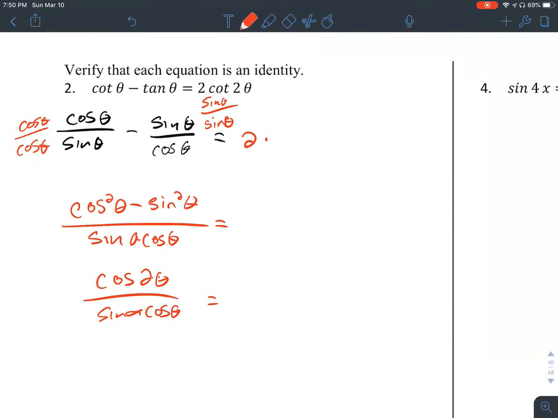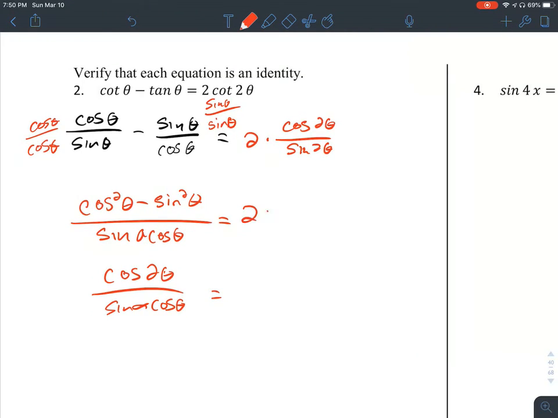The right is 2 times cotangent of 2 theta. Cotangent of 2 theta is the reciprocal of tangent of 2 theta. Well, let's do this. Let's make this cosine of 2 theta over sine of 2 theta. That's a good idea.